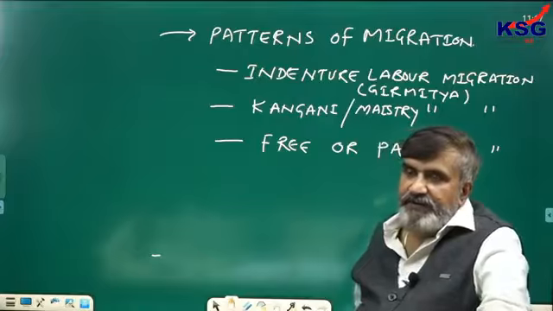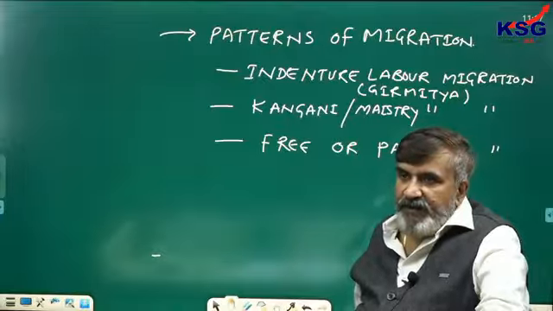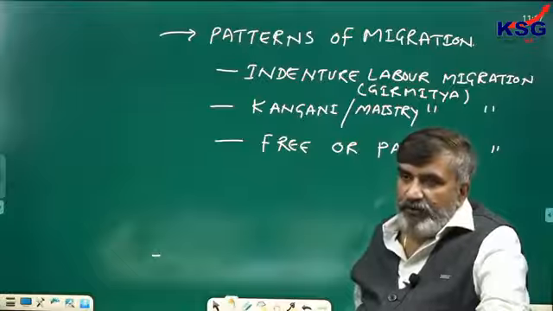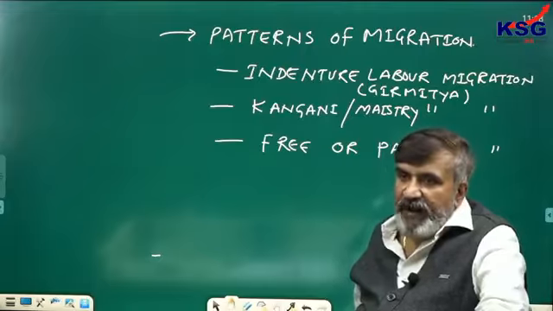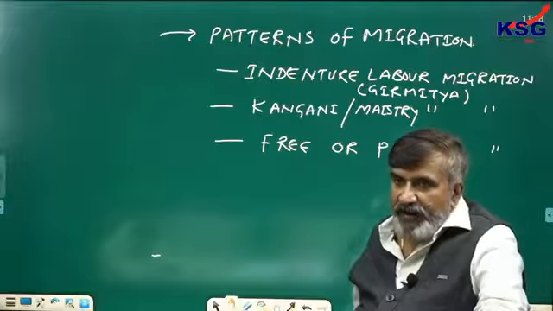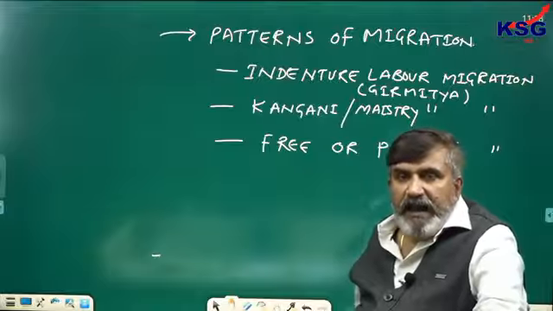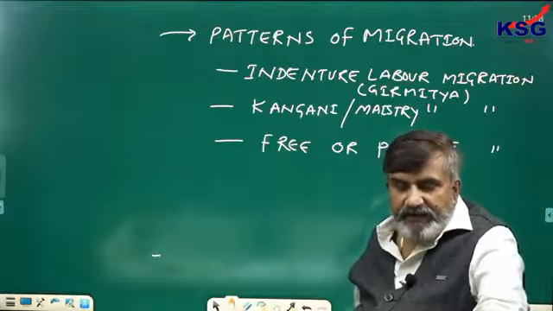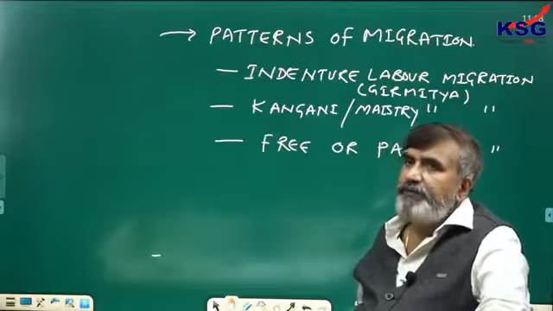In bracket you write Trinidad and Tobago, Suriname, Guyana, Fiji, and Mauritius. Bracket close.